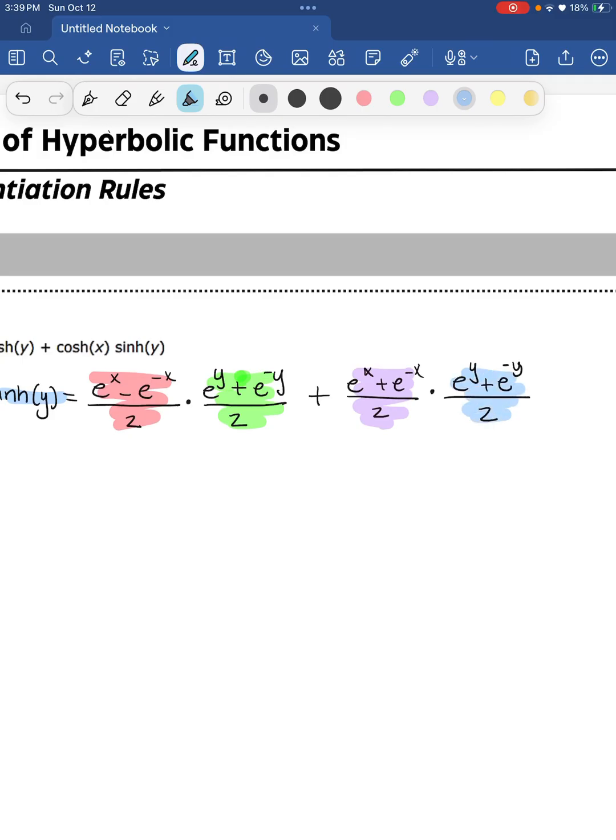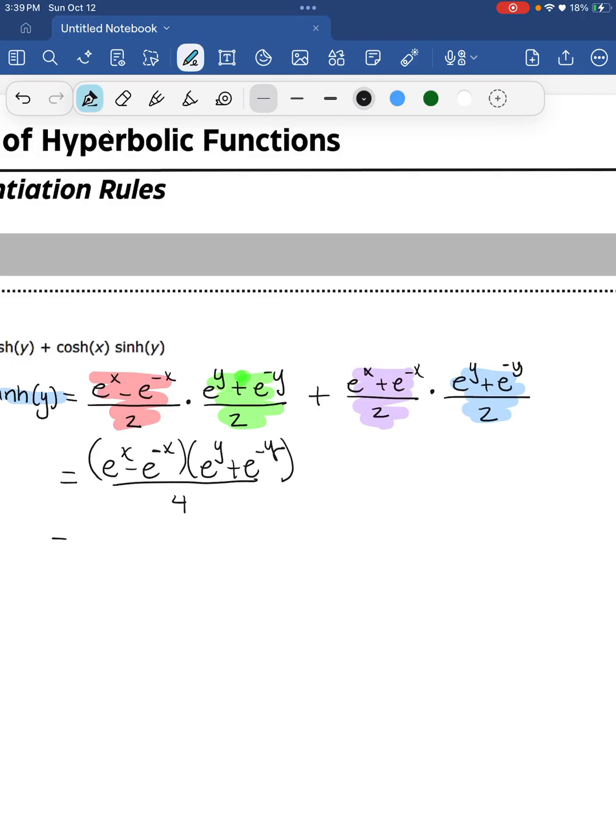And then we take these, which would be minus e to the negative x plus y. And then one last time here, we end with plus e to the negative x minus y. Whew, that's a little bit crazy, but it's not bad. All divided by 4.